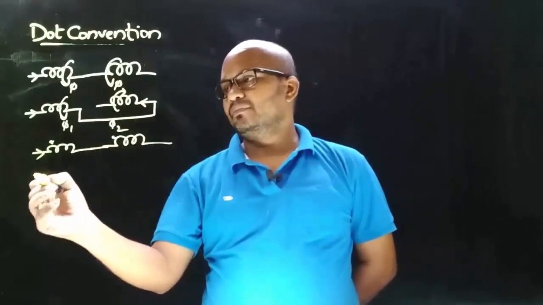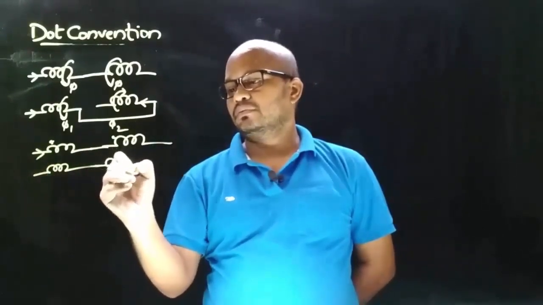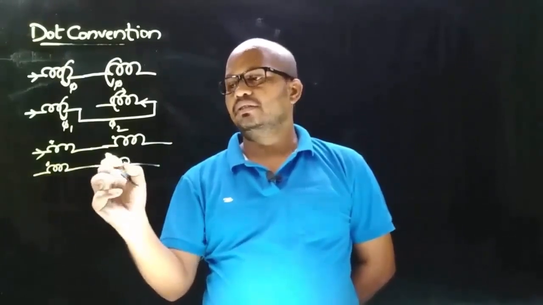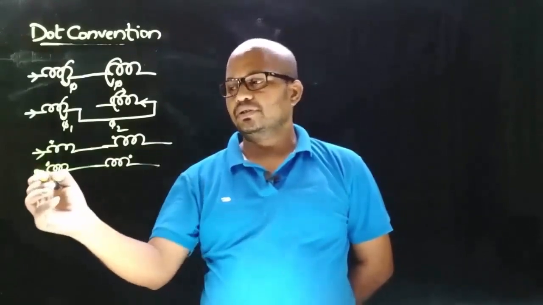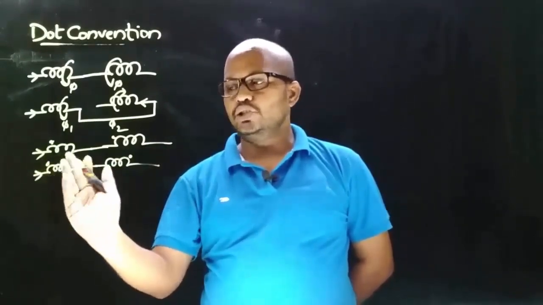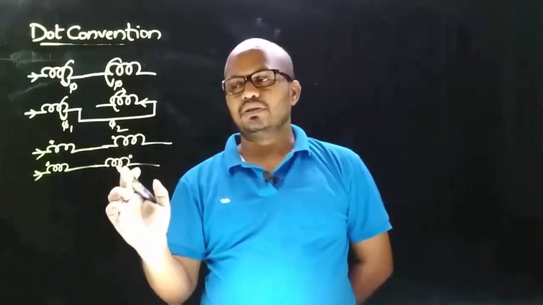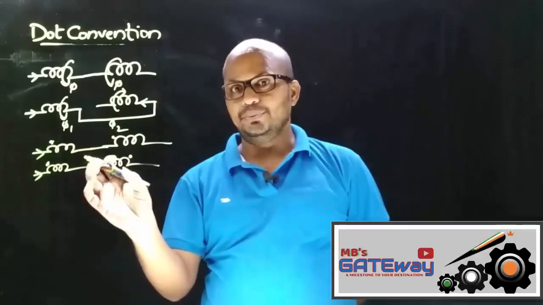And similarly, if this coil has its dot end here and this coil has its dot end here, observe that current is entering on the dot end of this coil and current is entering on the non-dot end of this coil, which means the mutual induced EMF polarity is negative.